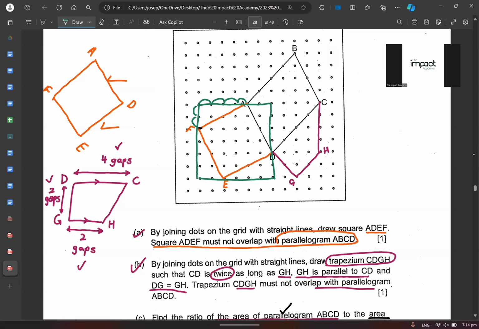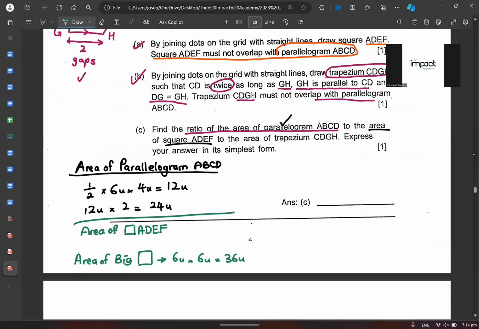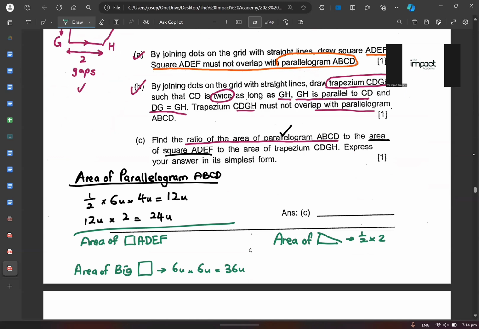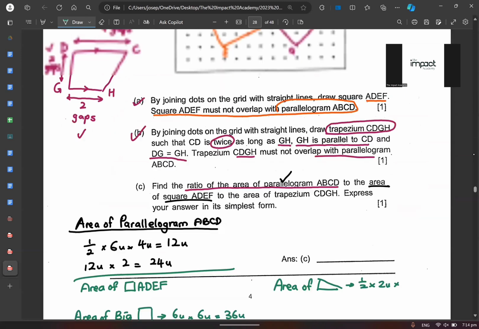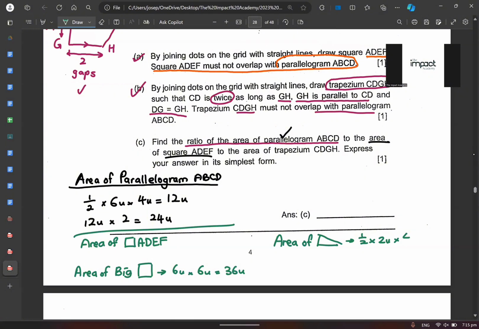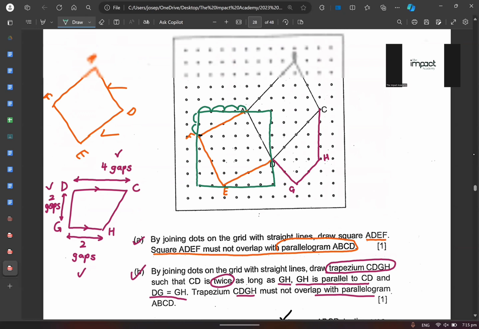So the area of the triangle will be half times the base. What is the base? The base is 2 units. What is the height? 1, 2, 3, 4, right? 4 units. So the area becomes 4 units. Correct now? So you can basically say 36 minus 4, 4, 4, 4.